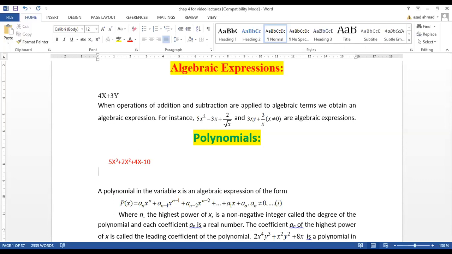Integers are such numbers which are normally written as Z, and they are presented like numbers 1, 2, 3, 4, and so on. These are called integers. But in all these integers, these are called positive integers.